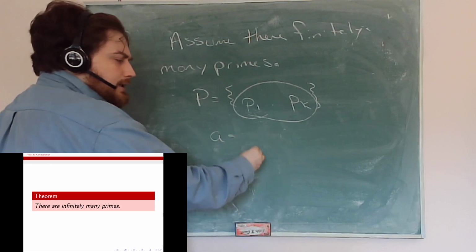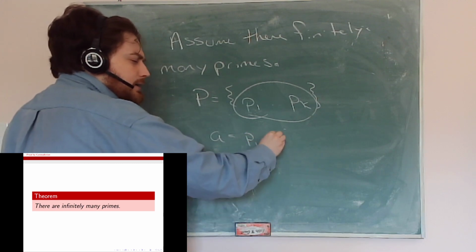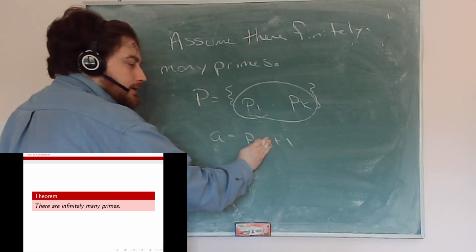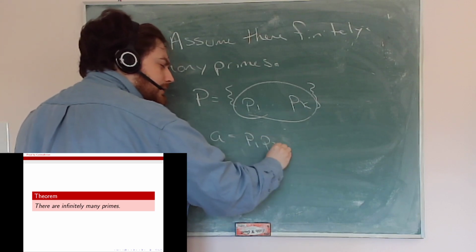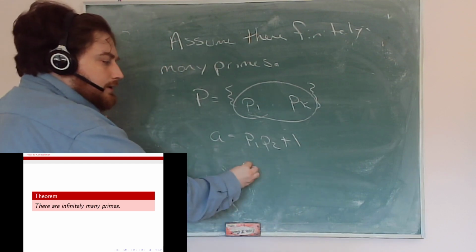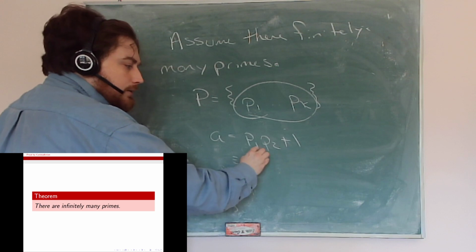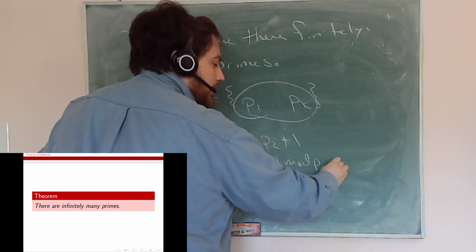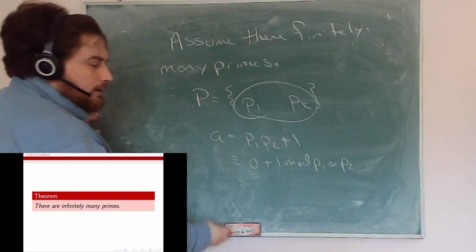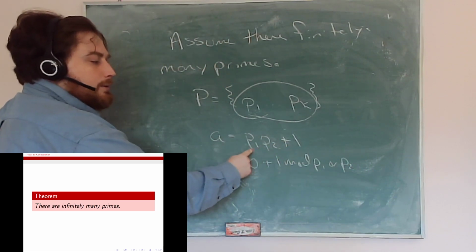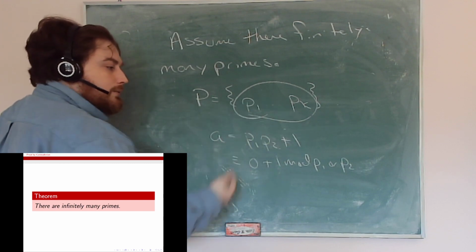And in general, p sub 1 times n plus 1 is congruent to 1 mod p sub 1, because this is congruent to 0. So if I take p sub 1 p sub 2 plus 1, notice that this number is congruent to 0 plus 1 mod p sub 1 or p sub 2. Because if I take mod p sub 2, this is 0, and I'm left with 1. If I take mod p sub 1, this is 0, and I'm left with 1.